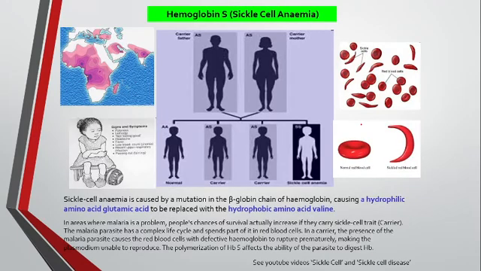Next type, that is hemoglobin S, that is also called sickle cell anemia. Okay, this is the anemia. What happened here? This is the normal structure of the RBC, but here this normal shape of the RBC, or red blood cell, is going to change into the sickle shape.